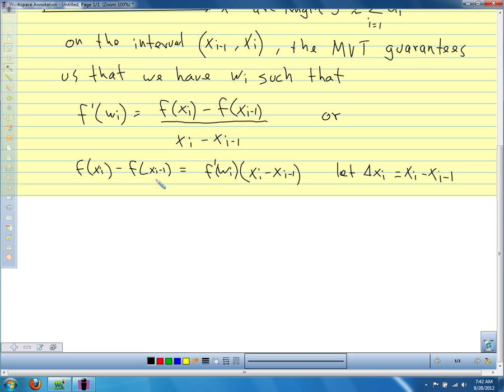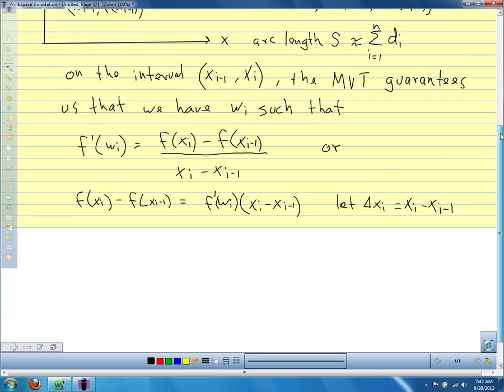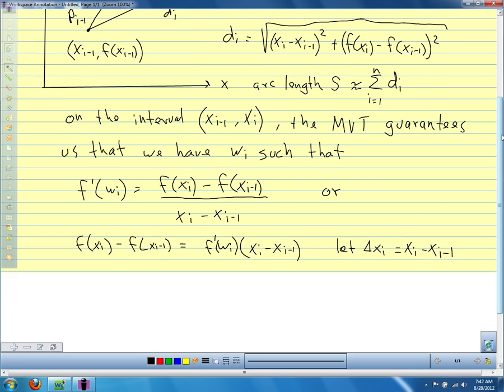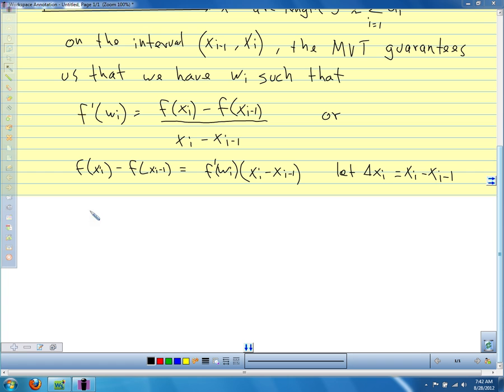So using this quantity, I can rewrite my distance formula, my little piece of arc length, my d sub i. So d sub i equals the square root of delta x sub i squared plus f prime at W sub i times delta x sub i squared.